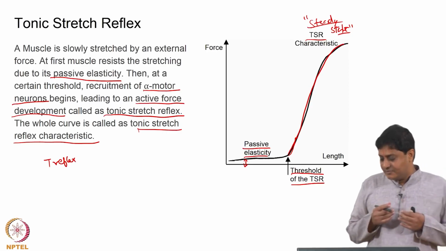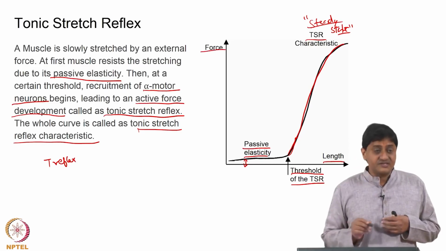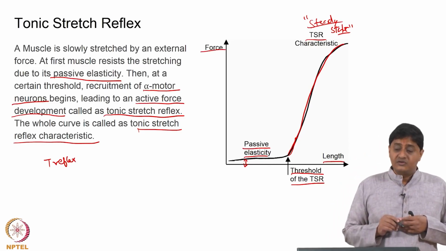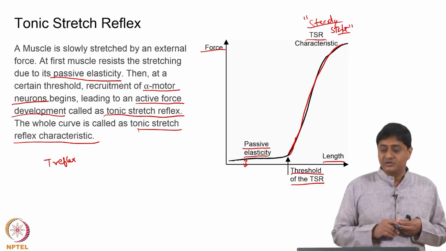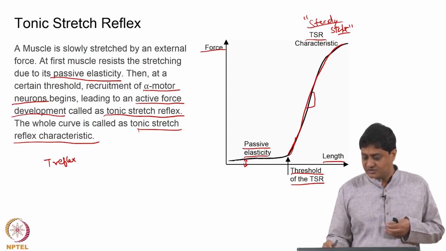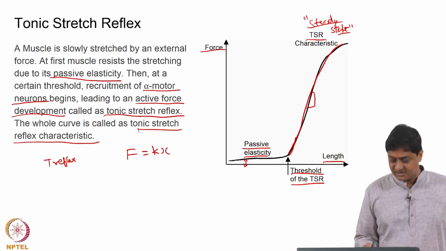Now, this gives us an impression that on the x axis is length and on the y axis is force. That means I could come up with a measure similar to stiffness. The force developed in a spring is proportional to the displacement, F = kx, where F is the force, x is the displacement, and k is the spring constant.